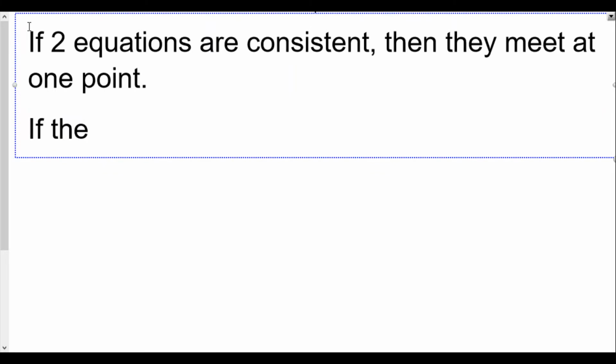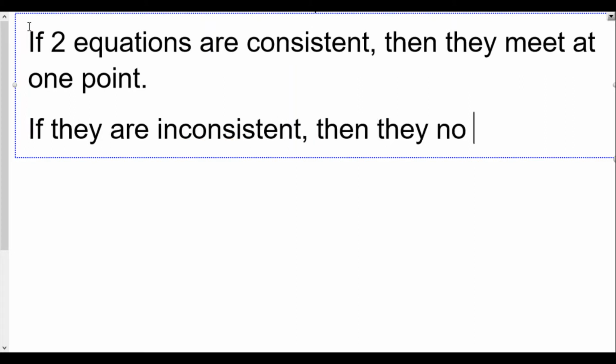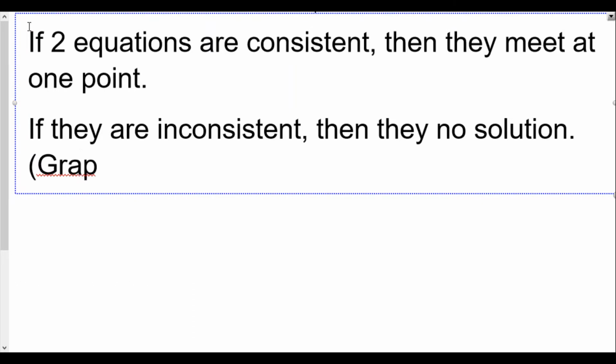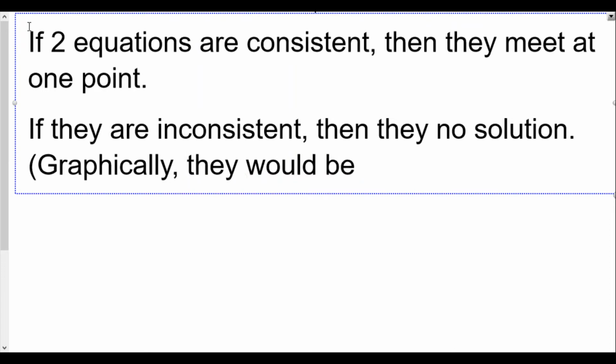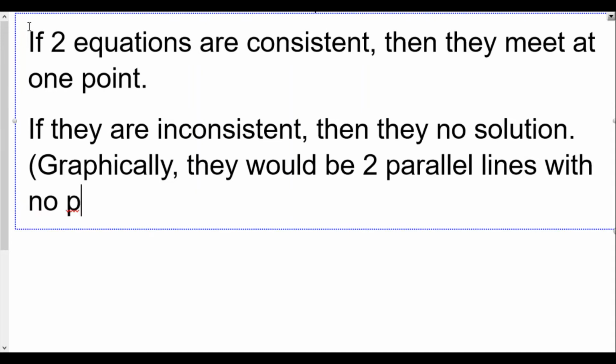If they are inconsistent, then they have no solution. And in some ways, graphically, there would be two parallel lines with no points of intersection.